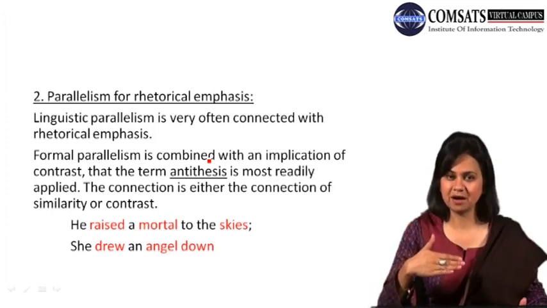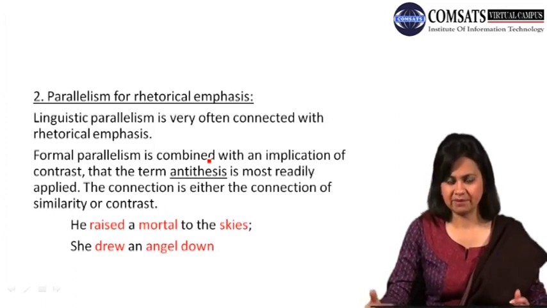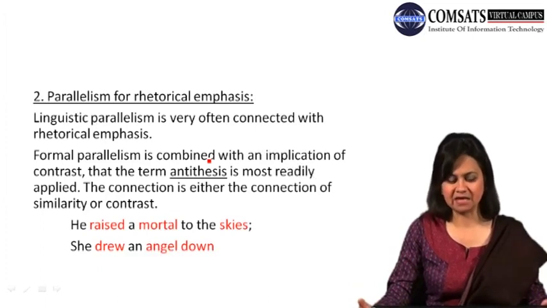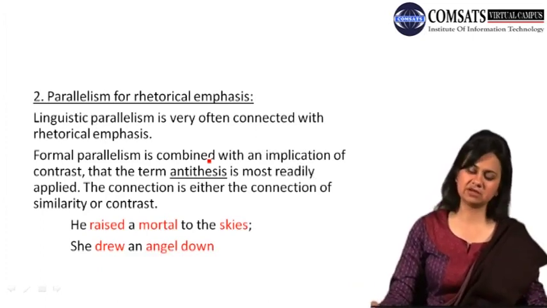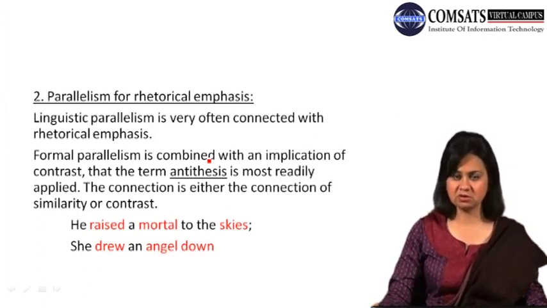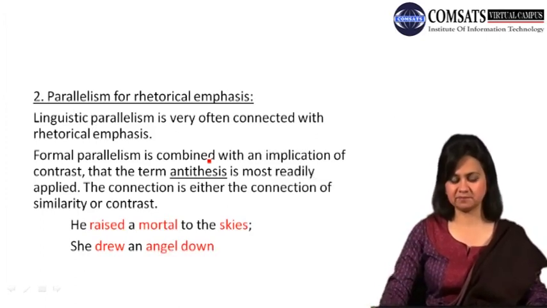The writer has put a negative action parallel to a positive one, and when negative and positive are put together, the reader does the rest of the task by seeing what appears more grotesque, more evil, more full of impact and consequences, as it is done over here. That raising of a mortal to the skies appears more benevolent an act, and the drawing of an angel down, when compared with that, appears to be very brutal and evil in action.